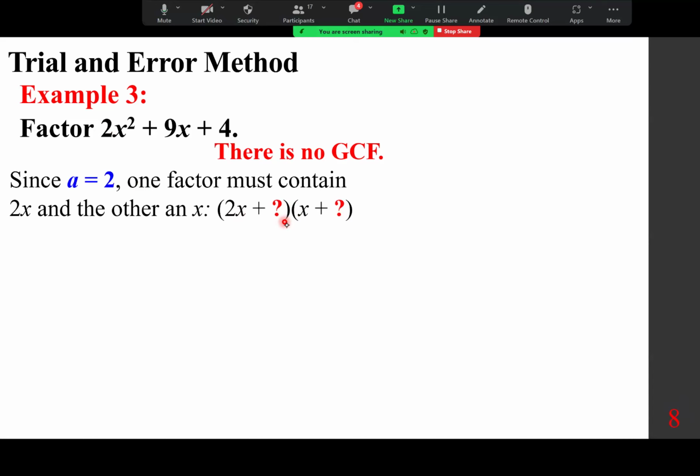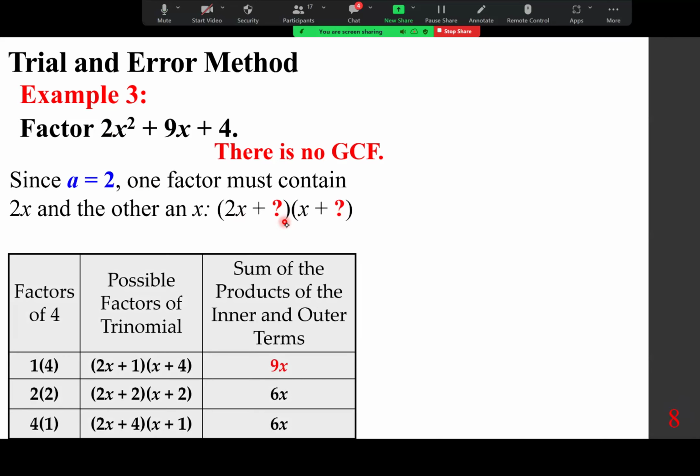So we are going to write factors of 4, right? 1 times 4, 2 times 2, 4 times 1. And we plug in 1 and 4 here, 2 and 2 here, 4 and 1 here. What matters, we need the middle term.